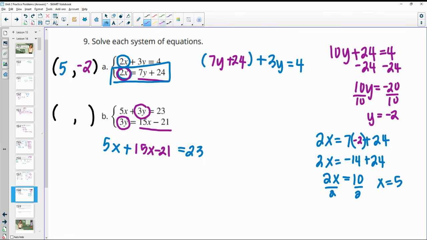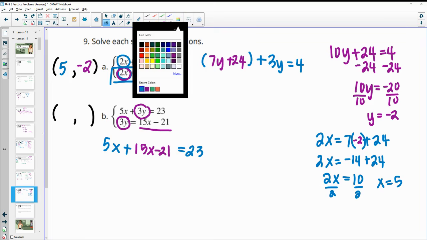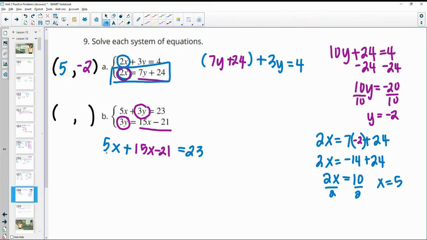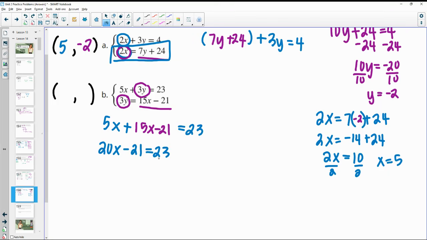So we'll substitute that in, and then we can solve. So 5x plus 15x is 20x minus 21 equals 23. Then we'll add 21 to both sides to get those like terms together, and we get 20x is equal to 44.